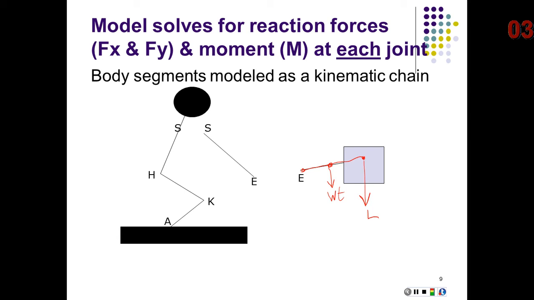Those two forces are both being pulled towards the earth due to gravity, and so at our elbow internally we must have a reactive force that's equal but in the opposite, upward direction, so that our lower arm segment does not translate down to the ground.